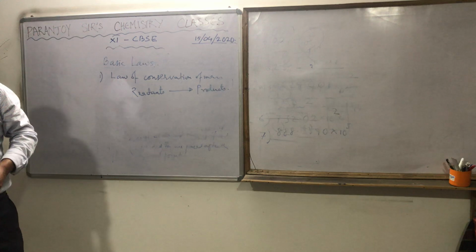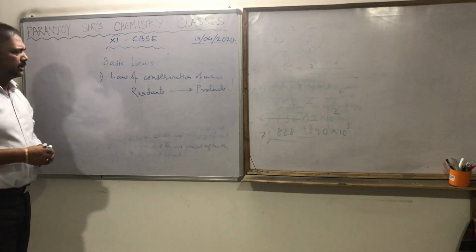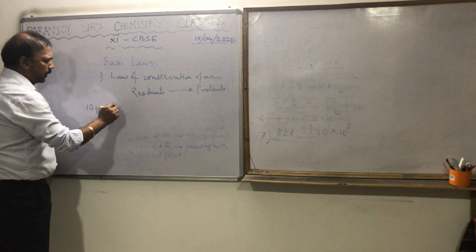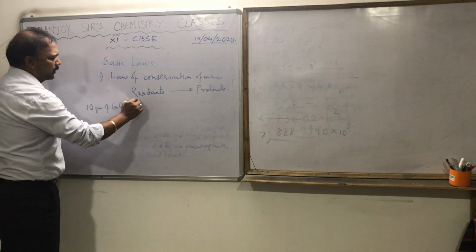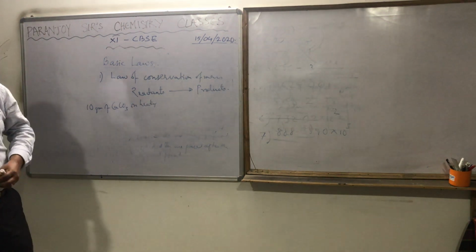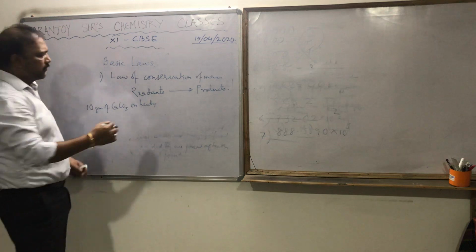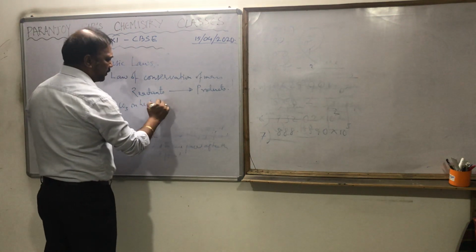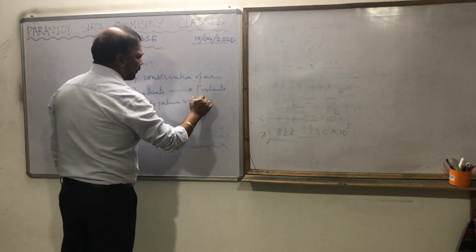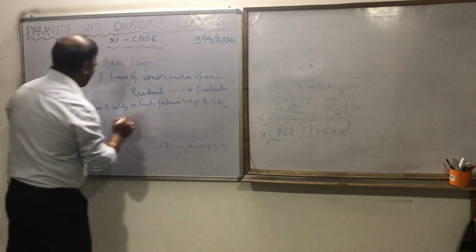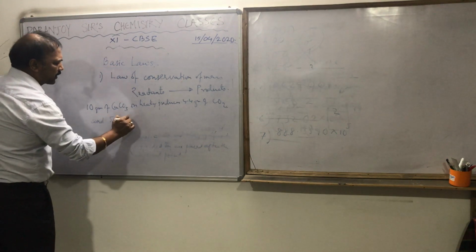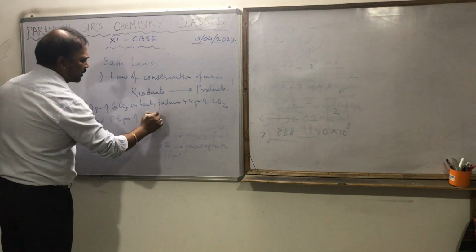It's a simple one. 10 gram of calcium carbonate on heating produces 4.4 gram of carbon dioxide and 5.6 gram of calcium oxide.